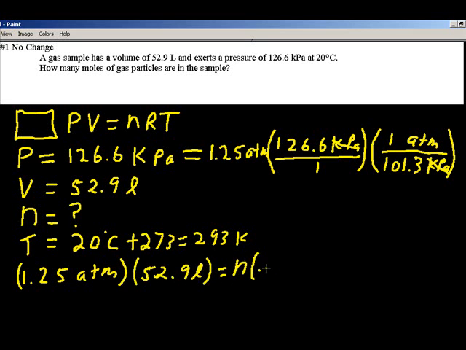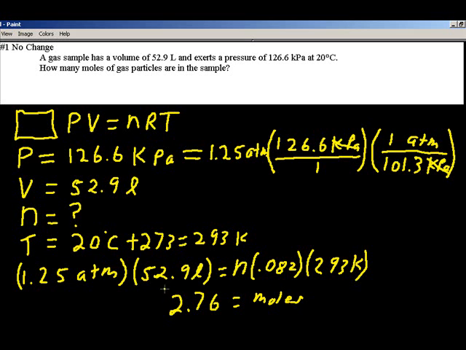My R value is 0.082, and my temperature is 293 Kelvin. When you crunch these numbers, you get 2.76 is the number of moles. And you will notice that that in fact is what I was looking for. How many moles of the gas?